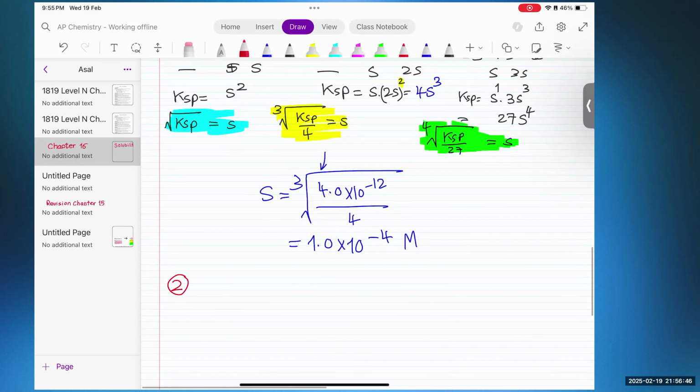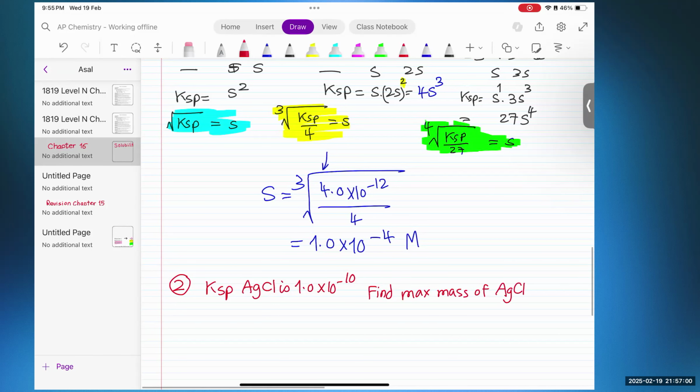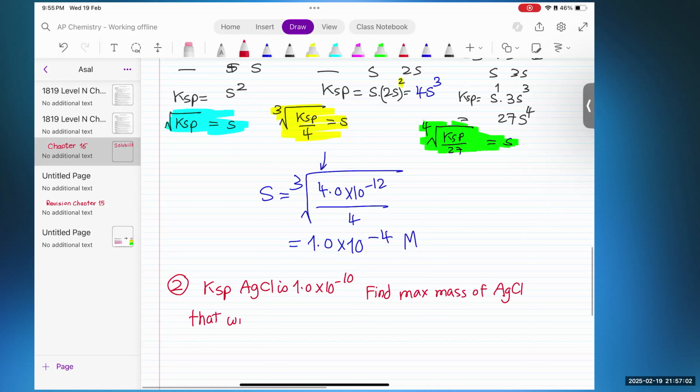طيب the question number 2 is the same thing exactly, but this time the ratio is 1 to 1. So KSP of AgCl is 1 multiplied 10 to the power of negative 10. Find the maximum mass of AgCl that will dissolve in 500 centimeter cube solution.